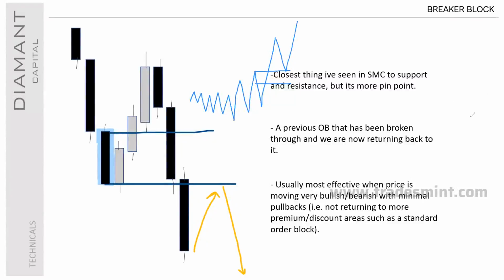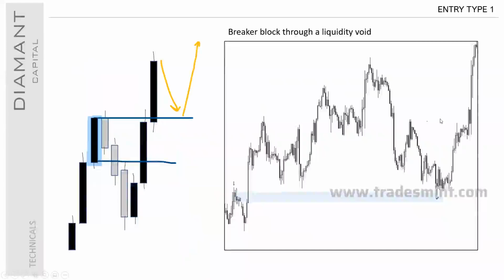Now, moving on to entry type 1. The first one is a breaker block through a liquidity void. What do I mean by that?